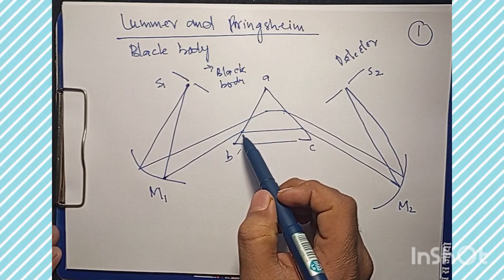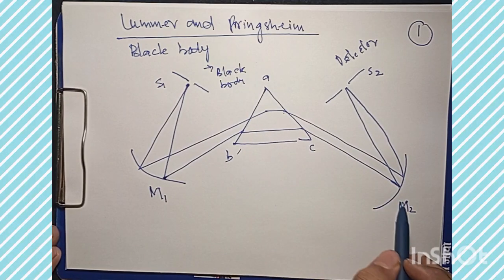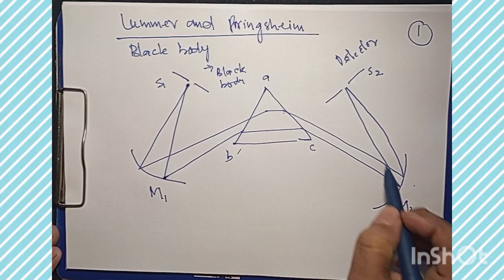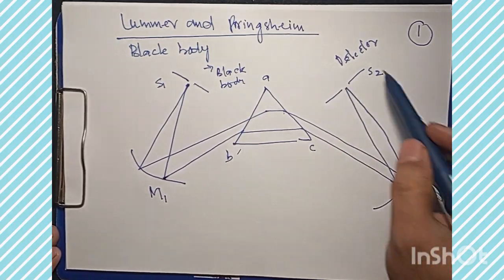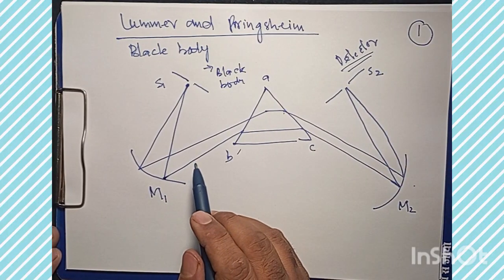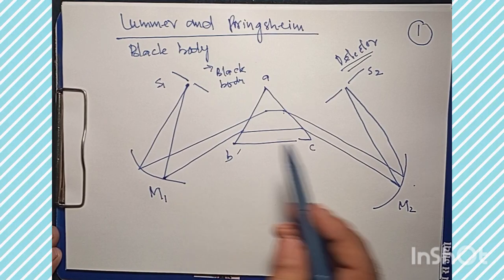Then these radiations are received by M2, and they are further reflected by this concave mirror M2 that's placed here. From here, the reflected radiations are received by a detector, which has a galvanometer that can detect the signal.